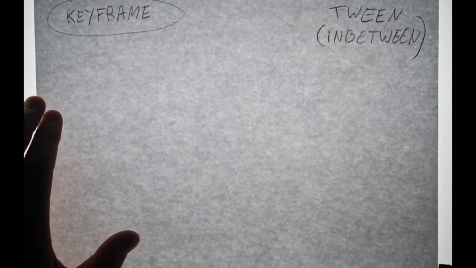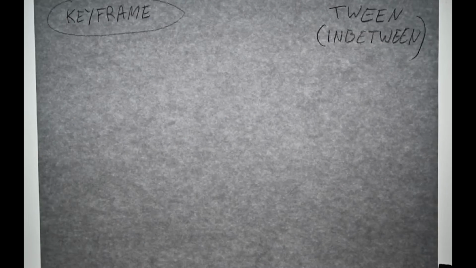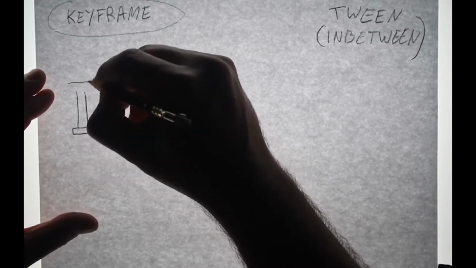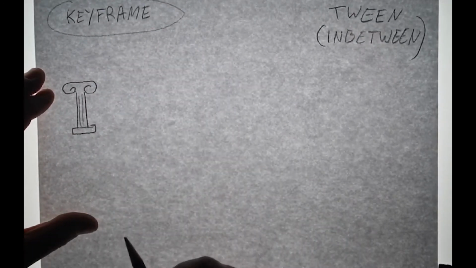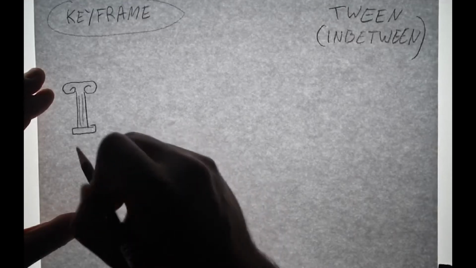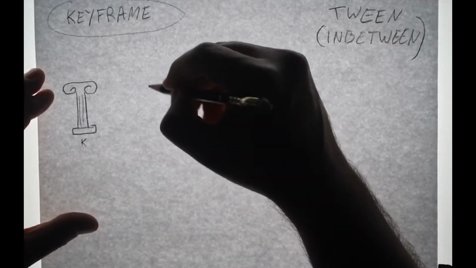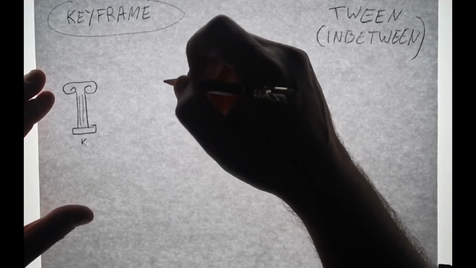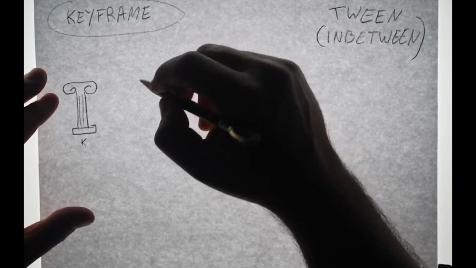So the keyframe is the most important part of the animation. The keyframes are the signposts for where the animation is going to go. For example, you can think of it like a pillar, and you have to have at least two keyframes in order to have an animation.